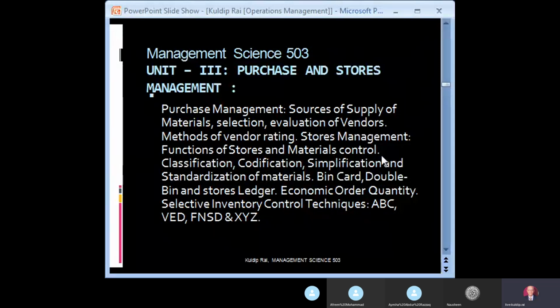Is it the same quantity that I ordered? After I verify all that, I accept the materials in my store. This is called the receipt function. Receipt of materials.